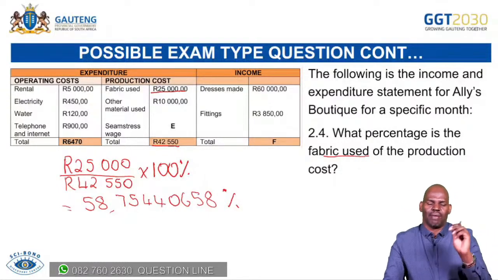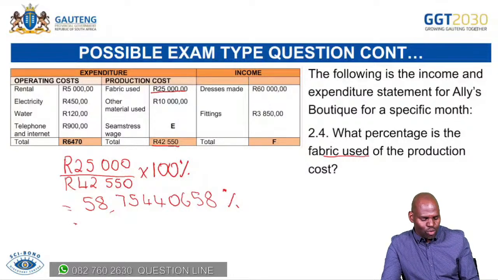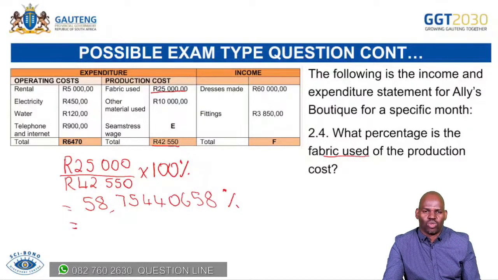This is the original answer that I'm getting from a calculator, but the examiner in this case, or the developer of the question, doesn't specify the rounding. So if you decide to round off, you must just make sure that you round off to the correct decimal places. If you decide to round off to the nearest whole number, it's going to be 59%. It's 58, the first digit after the comma is 5 or more, so this will change to 59. Then if you round it off to one decimal place, you're going to say 58 comma. We check the 7. If the digit next to 7 is 5 or more, this will change to 8.